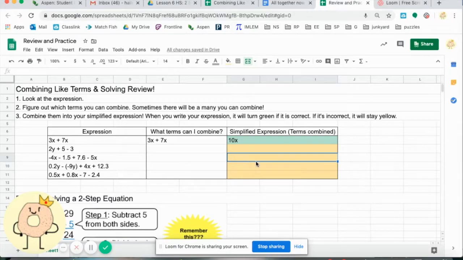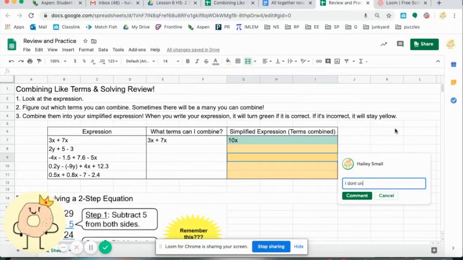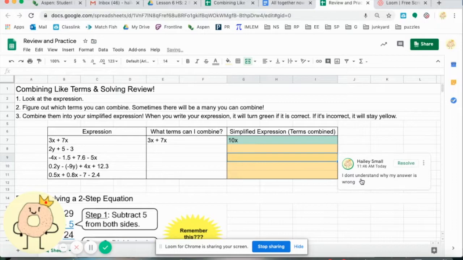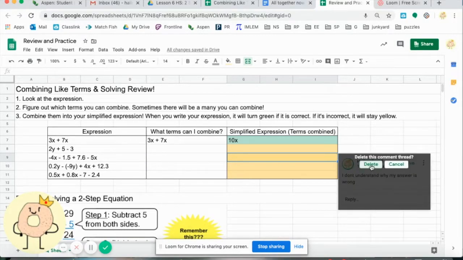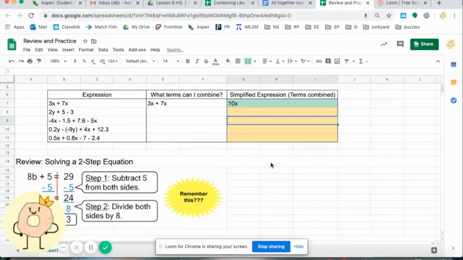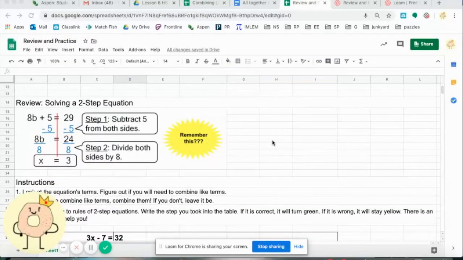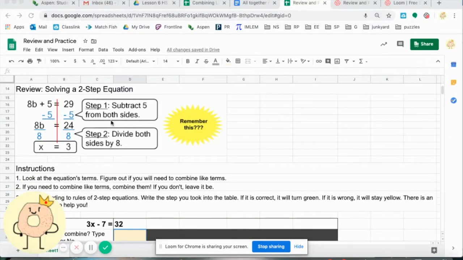If you're confused about which part is incorrect, if you can't get it to turn green, you can add a comment: I don't understand why my answer is wrong. And if you comment it, your teacher will get a notification and they can communicate to you how to get the right answer.